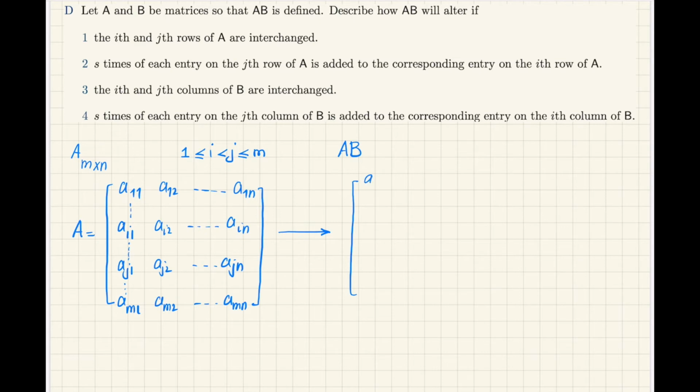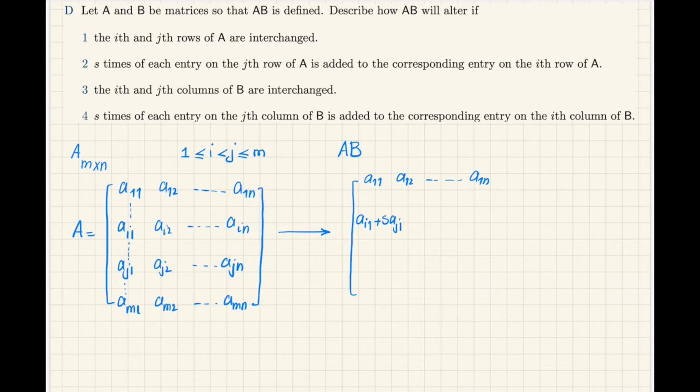The first row remains the same, the second row remains the same, but the ith row turns into this. It becomes ai1 plus s times aj1.